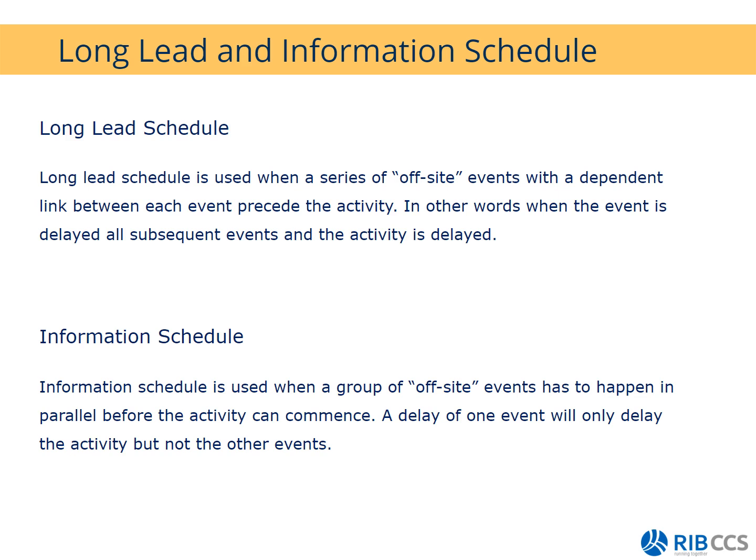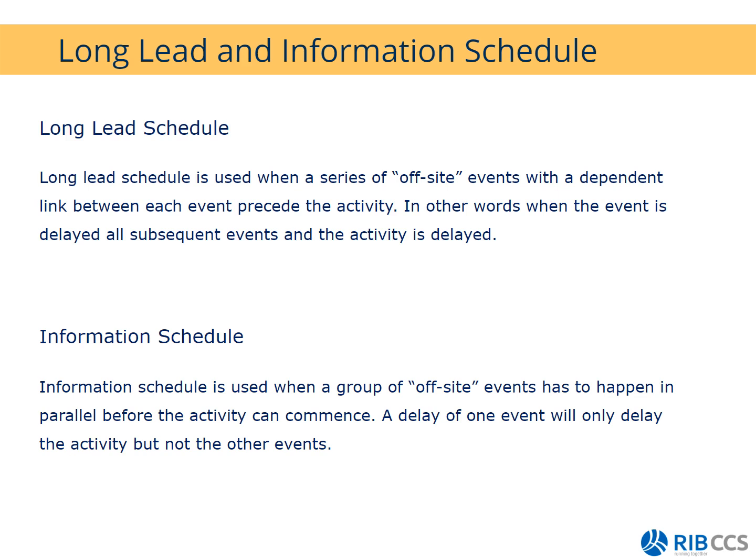So with a long lead schedule, if you have 10 events, each and every event is dependent on each other. That means that a delay in one will affect the next one and ultimately the activity. With your information schedule, you have 10 items running in parallel to each other. A delay in one won't affect the next event. It will, however, affect the activity.